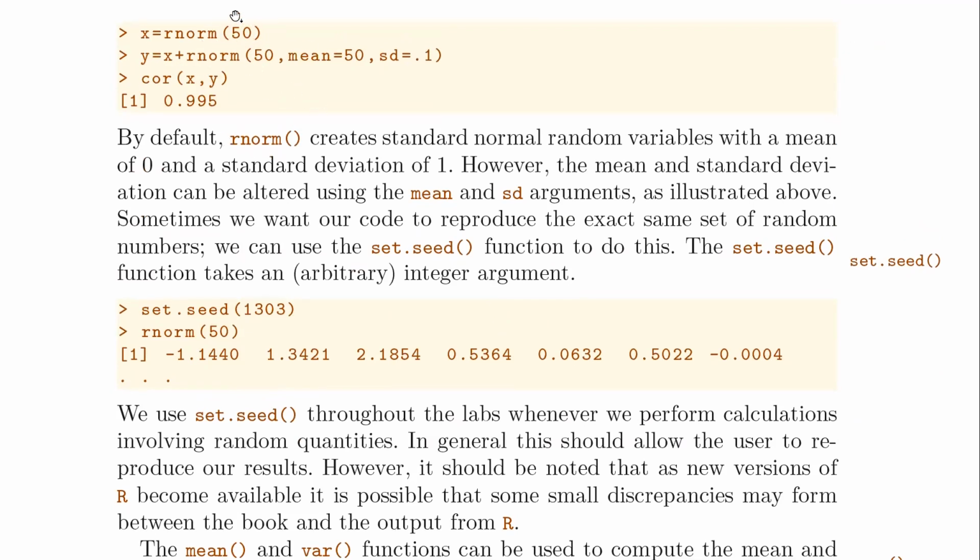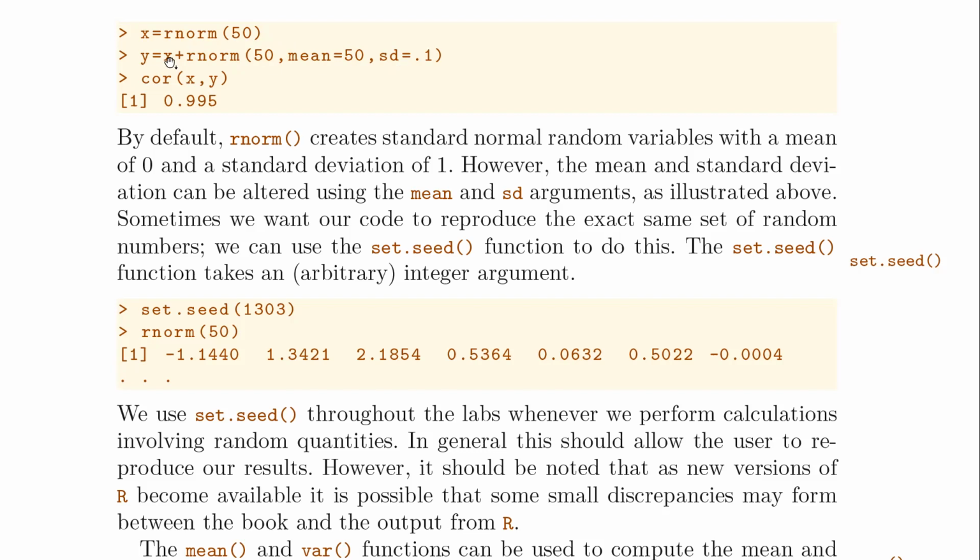So we're going to generate 50 values following this distribution. Notice that we haven't specified the mean or the standard deviation, so we're going to take the default. In R, the default is a mean of 0 and a standard deviation of 1.